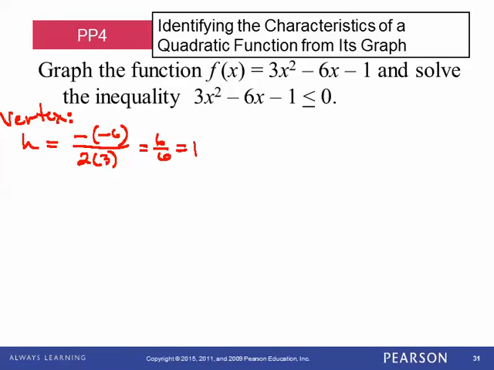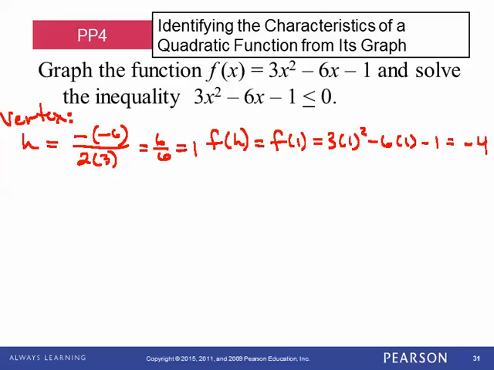Can you plug 1 back into the function itself? That will give me the vertex. Plugging a 1 back in should be pretty easy. So f of 1 is 3 times 1 squared minus 6 times 1 minus 1. So 3 minus 6 minus 1 should give you minus 4.